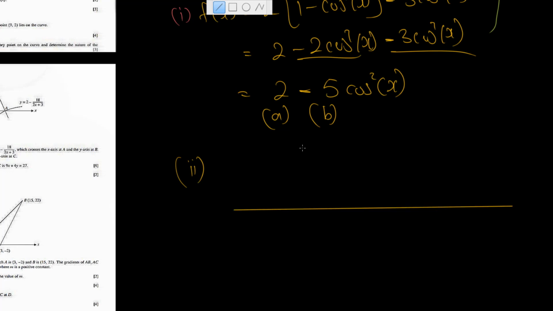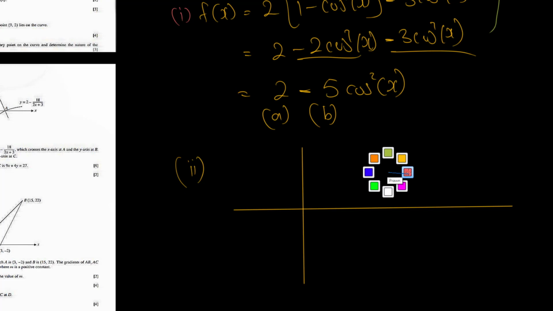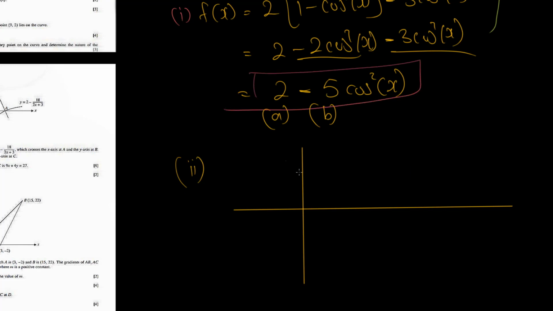If I draw a rough sketch of the curve, I would have something that looks something like this, not exactly. And this point over here, because my amplitude is 5, would be -3, because 2 minus 5 is -3.